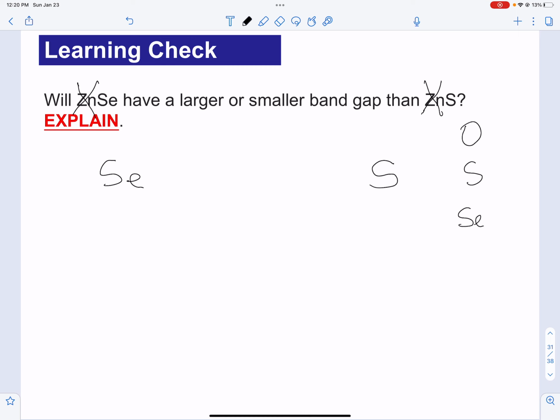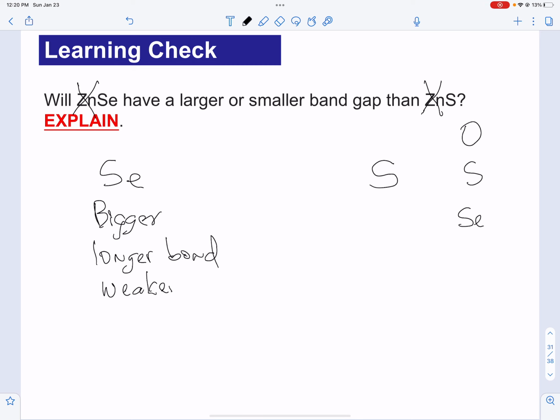So the selenium is the bigger one, which makes the longer bond, which makes the weaker bond, which means higher energy. The weaker something is, the less stable it is, which means higher energy.